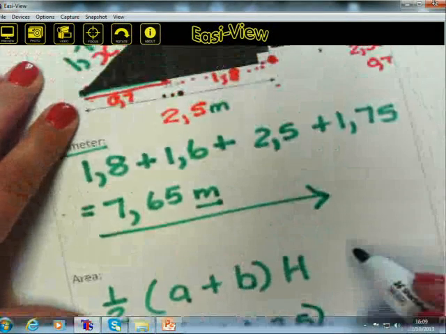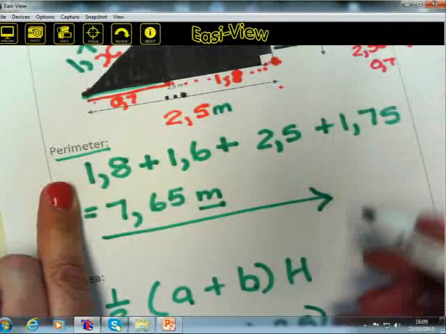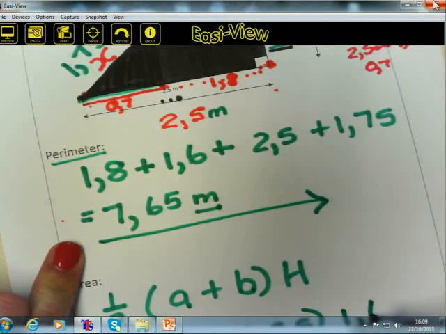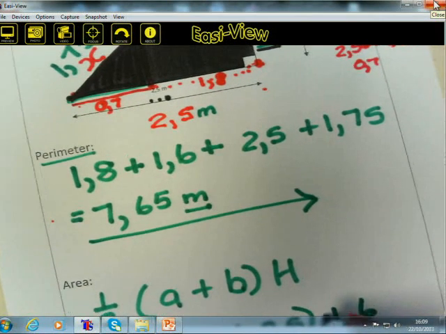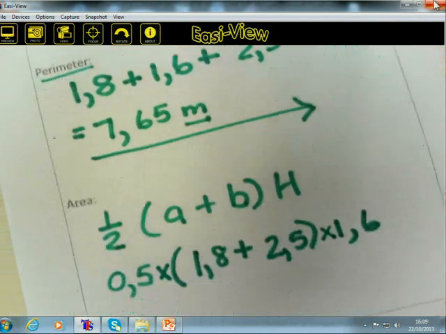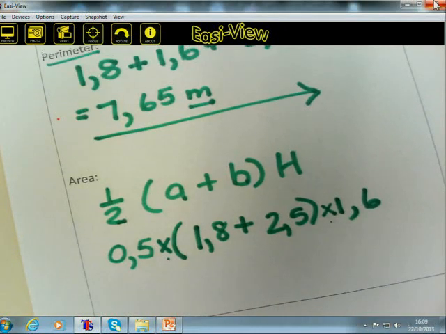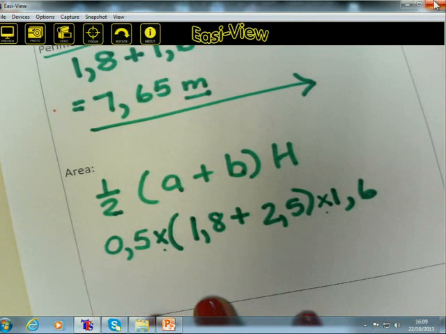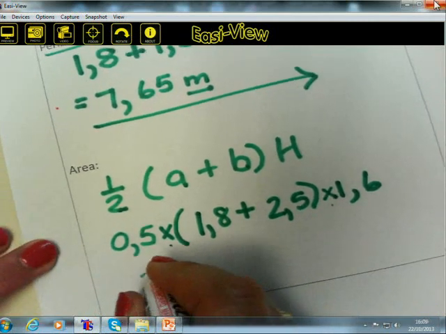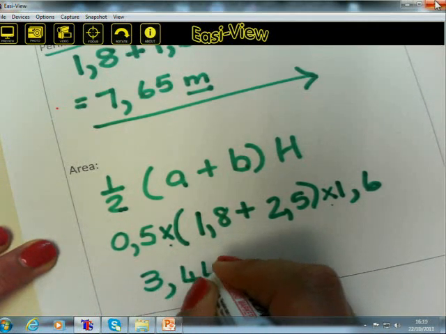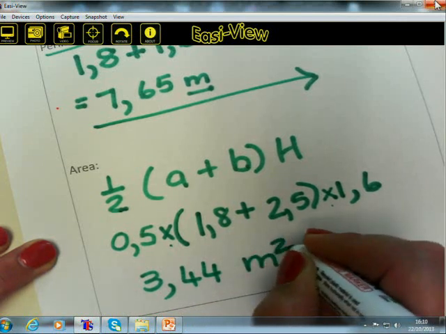And the height of this one was 1,6. If it says nothing, it means multiply. So put in those multiplication signs, otherwise sometimes it tells you that there's an error. And the answer that you get there is 3,44 meters square.